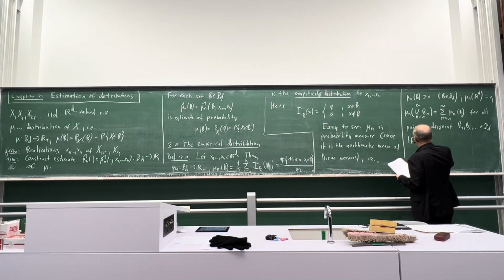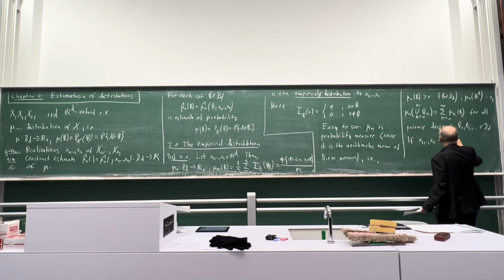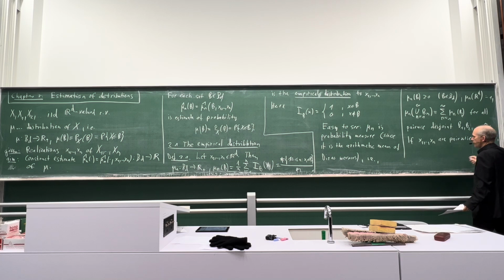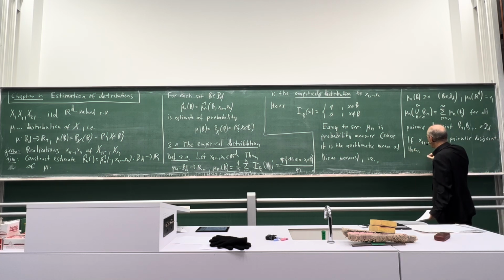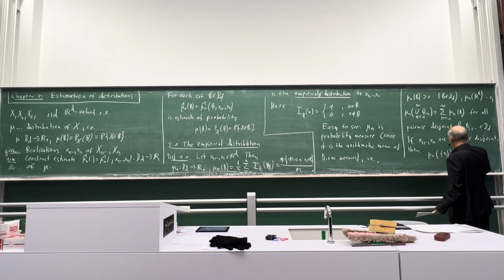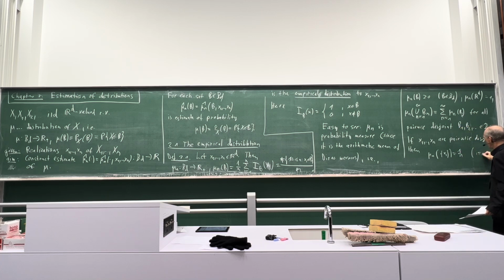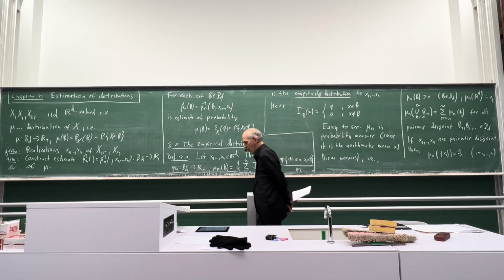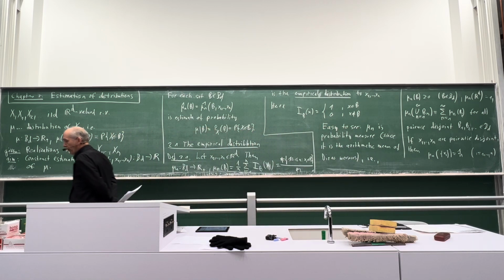If x1 to xn are pairwise disjoint, mu n of xi is 1 over n. So when you estimate your distribution, you distribute the mass 1 among the set R^d, and you put measure 1 over n to each of the observations.